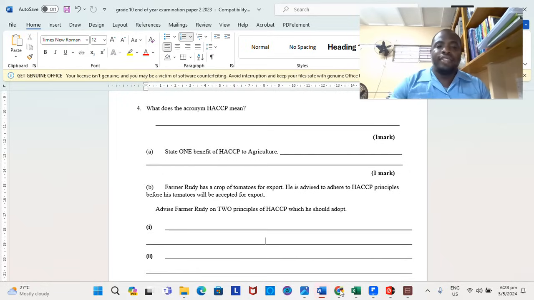So if you want to prevent any form of contamination, while you have a limit, you have to ensure that these critical control point procedures are done to keep these limits at a given standard. So while you are creating your product, you have these procedures that you need to put in place to ensure that the limits are kept.